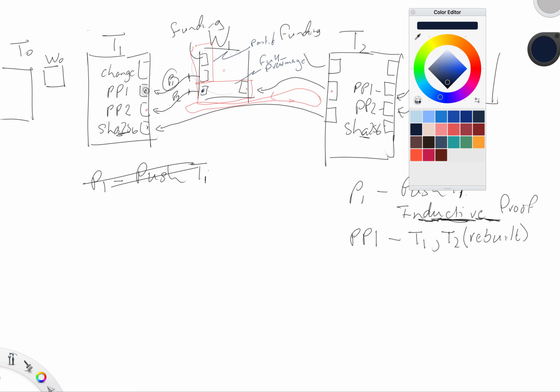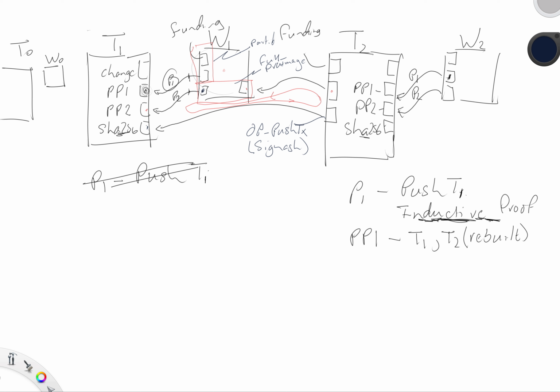So I do a push TX, which is not the push raw TX, but the op push TX, which is another way of saying I'm pushing the SIG hash pre-image, which is different from the push that I would do here, where I do a full T1 push, a full push of the raw T1 transaction.